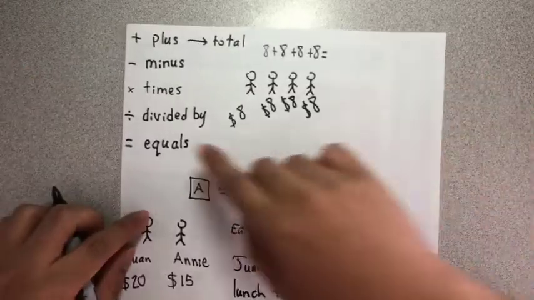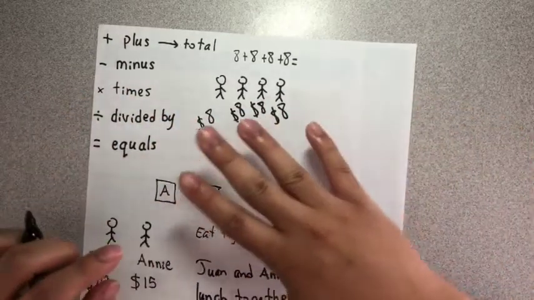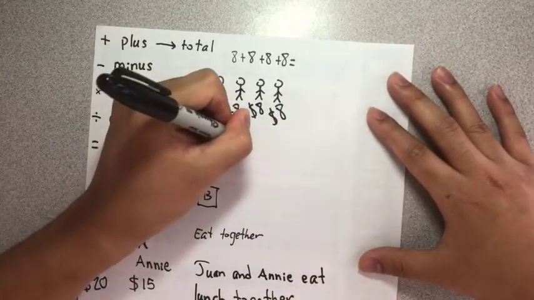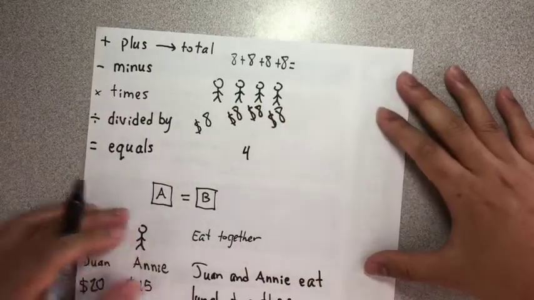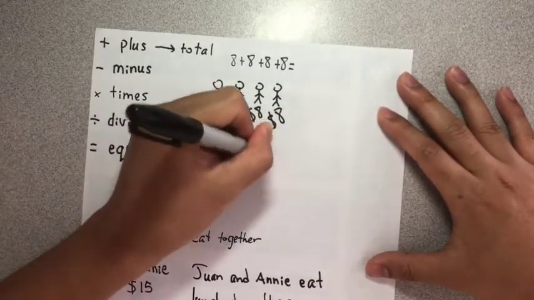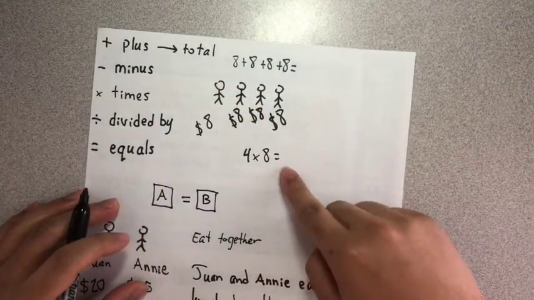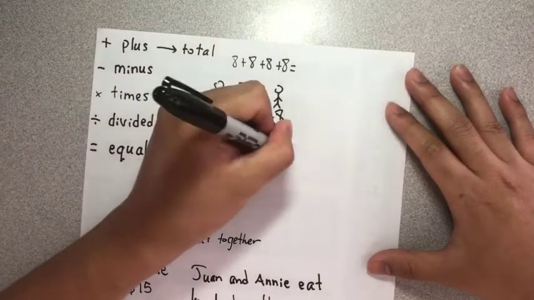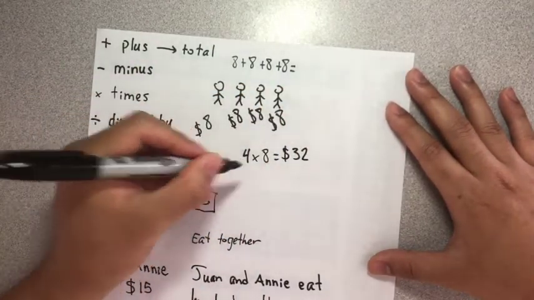or we can multiply. We can use the times. So we know there are 4 people, and each person has $8. So we can say 4 times 8 equals $32.